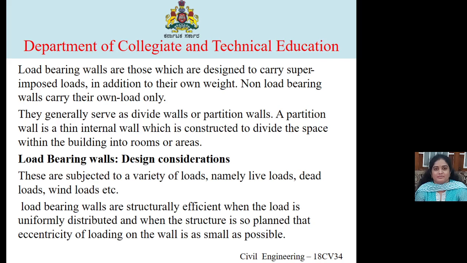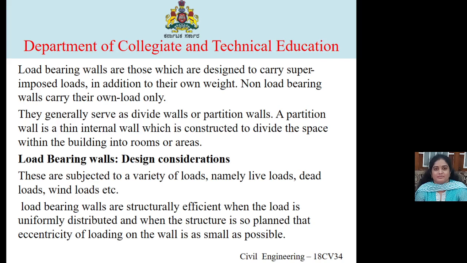In a simple way to say, load bearing walls don't have any RCC columns. In a non-load bearing wall, you have a framed structure, and along with that you are going to construct the partition walls.